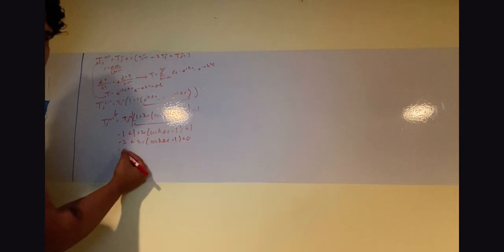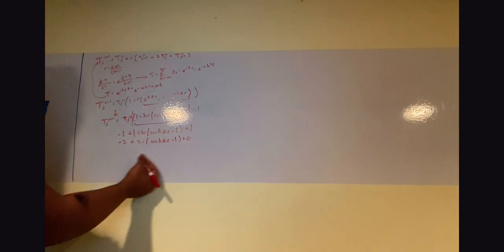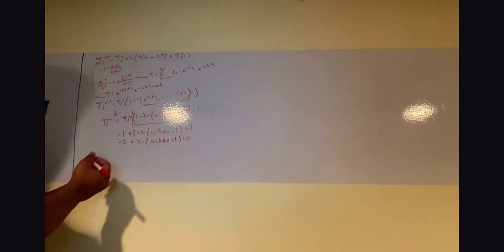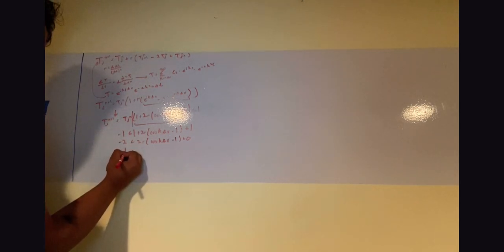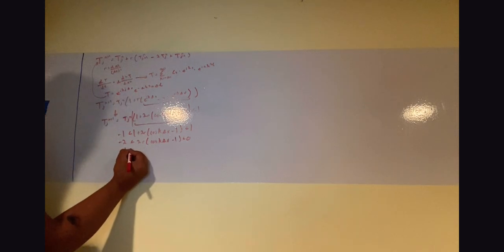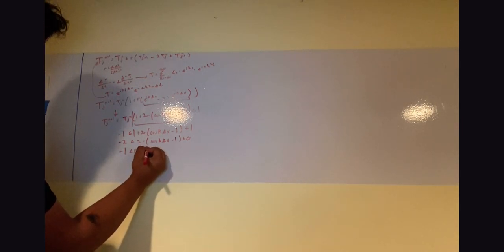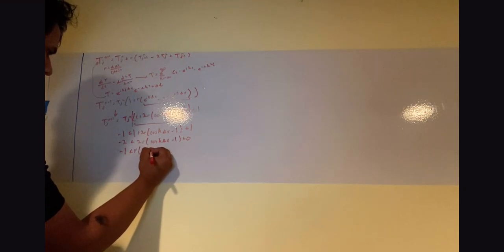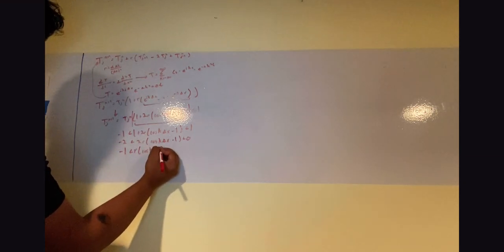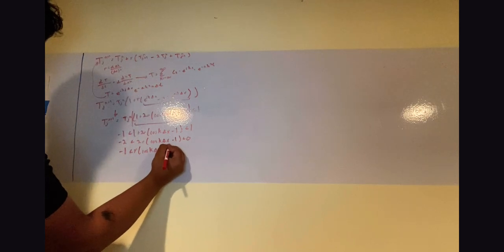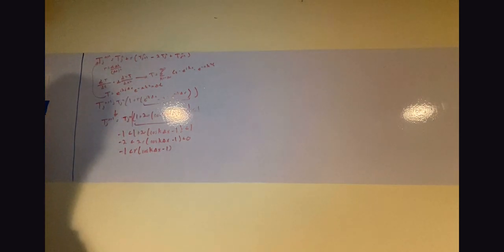Okay, so now we're going to divide both sides by 2. And once we do that, we get an equation of negative 1 is less than r times cosine k change in x minus 1. All right.